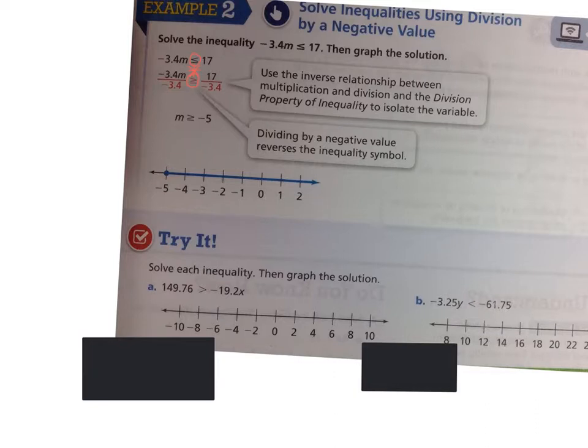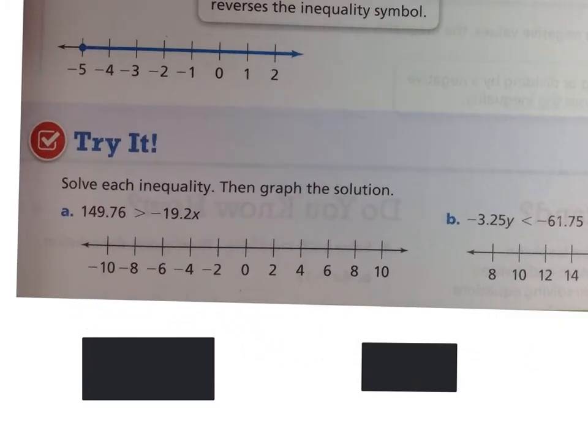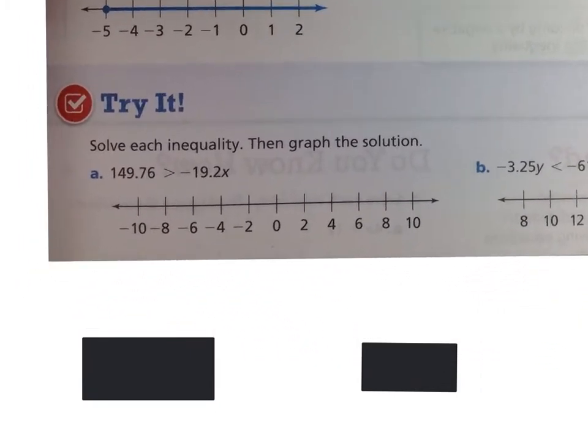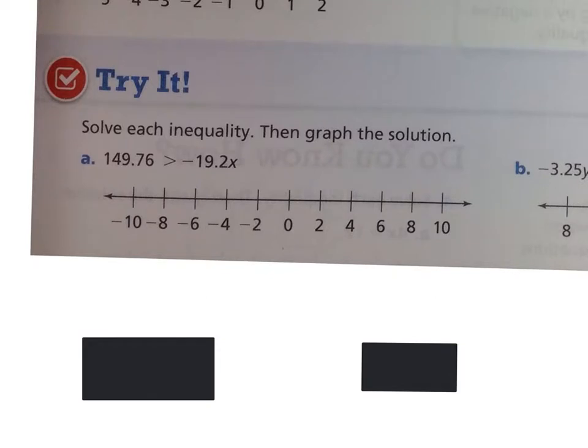And so that would be a closed circle and going to the right. So if we look at this on the try it part A, we're trying to get the x by itself. So over with the x, they are multiplying, means we need to divide. When we divide, we need to divide by a -19 2/10.